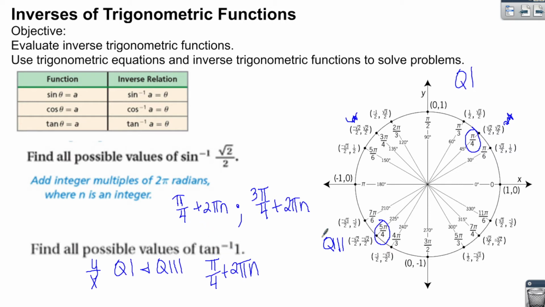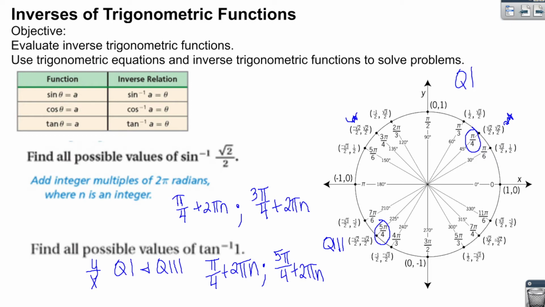And the other one is 5 pi over 4 plus 2 pi n. Again, this is because the question is asking us to find all possible values, so we need to indicate the 2 pi n part to show the rotations. So this is one of the objectives that we had, to be able to evaluate inverse trig functions.